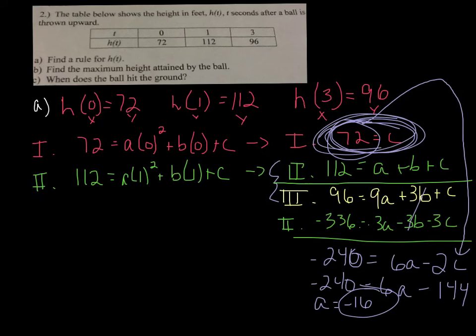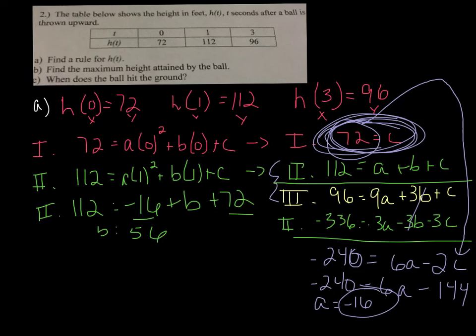I'm going to go equation number 2 and find B. So 112 equals A, which is negative 16, plus B, plus C, which is 72. Combine those, that's 56. And 112 minus 56 is 56.